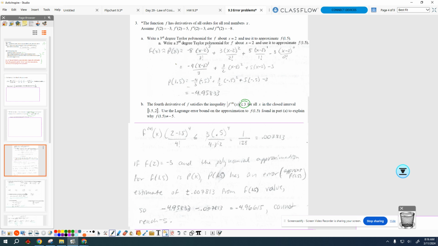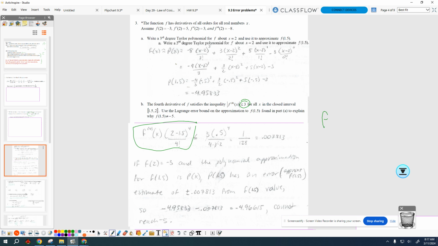It's 3 times, as it says here, x minus the center to the power over 4 factorial. And that's the biggest mistake there is in calculating whatever it is this is modeling. And it didn't reach the -5. Don't know if that's a good thing or bad, but it doesn't reach -5.